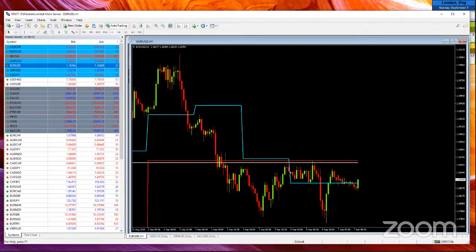The 93 handle. If it can crack back above that, I think it might get on its way. But gee, it's hard. It really is a tough one. I've been, as you know, struggling with the US dollar for quite some time and sacked it many times. It's one that I'm still very, very cautious about, because it has this, at the moment, tendency to be hot and cold, mainly cold.